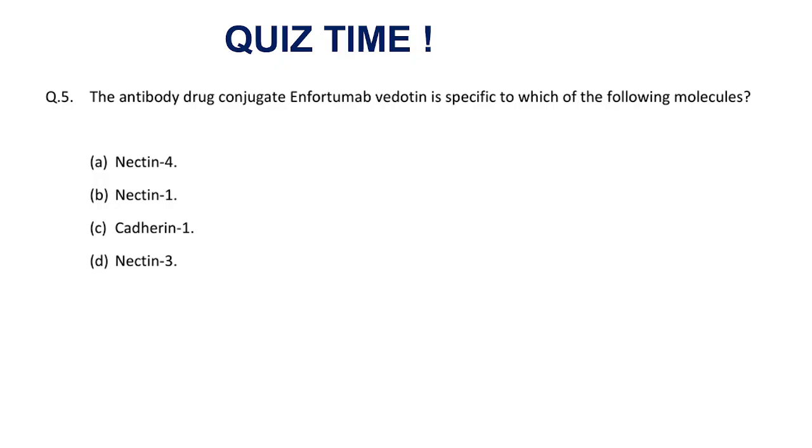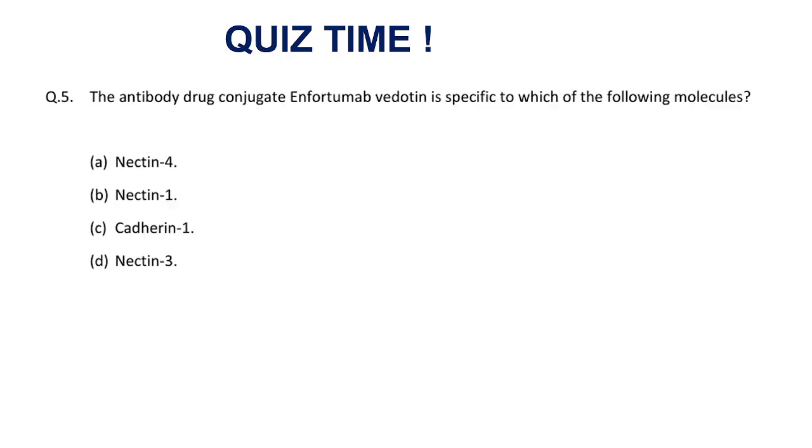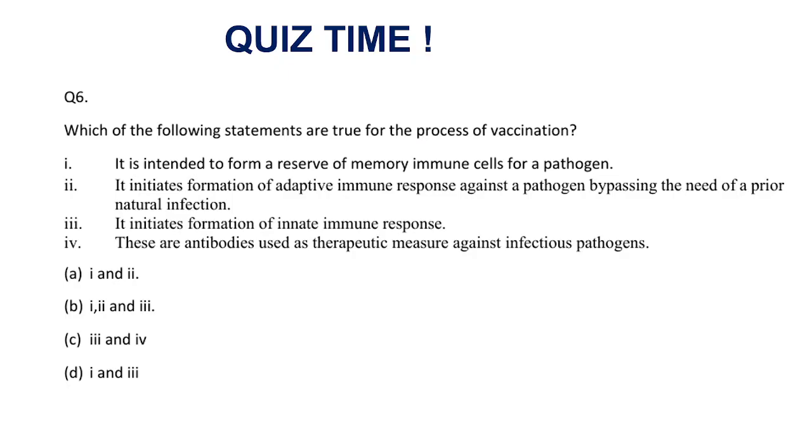It consists of a fully human monoclonal antibody attached to a microtubule disrupting agent called MMAE, monomethyl auristatin E. Now, how it functions: once the antibody binds to nectin-4 on the cancer cell surface, the conjugate is internalized. The linker is then cleaved, releasing the MMAE, which inhibits tubulin polymerization and leads to programmed cell death, or apoptosis. Fine. So the correct answer is option A.